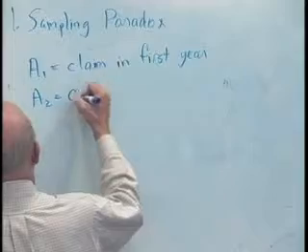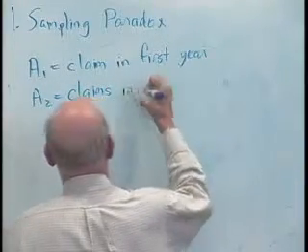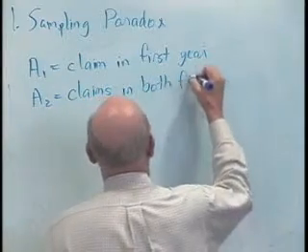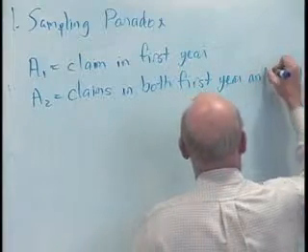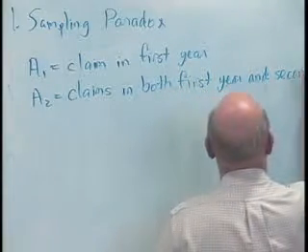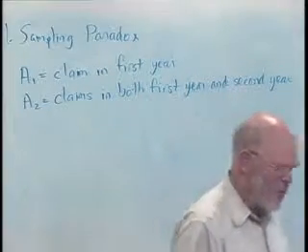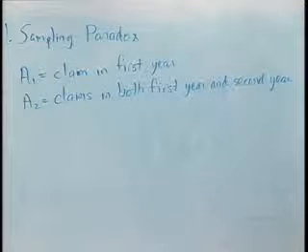And event A2 is that this person makes claims in both the first year and the second year.